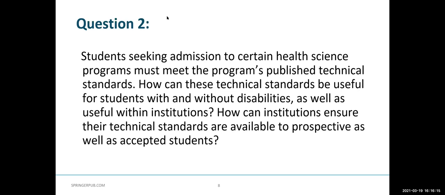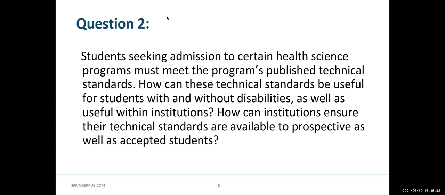Things that are direct like that, if they're not really written well. So I think the technical standards can be useful when they address things like effective communication and things that would be expected of all students. And I don't really see how that's a disability issue per se.